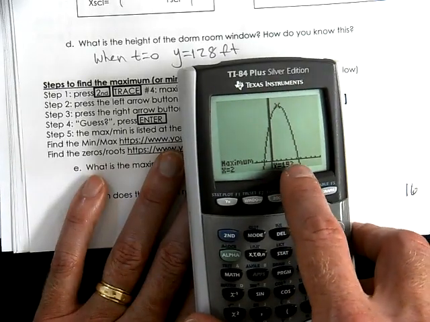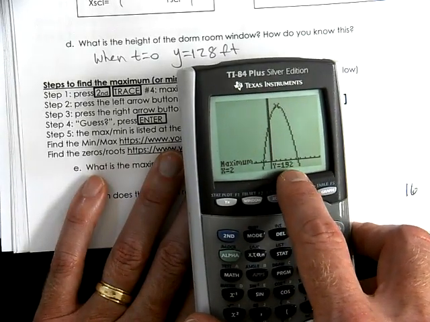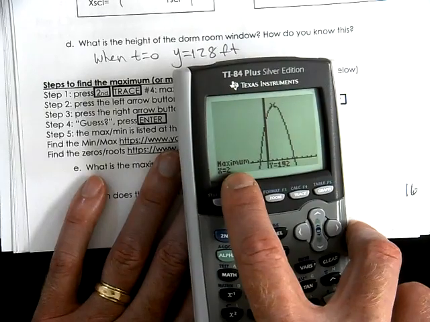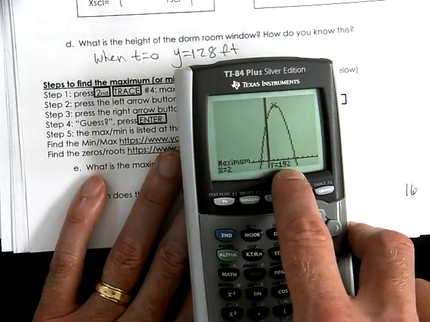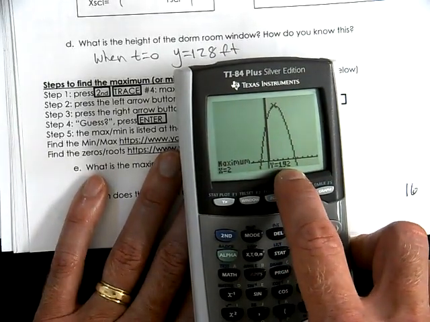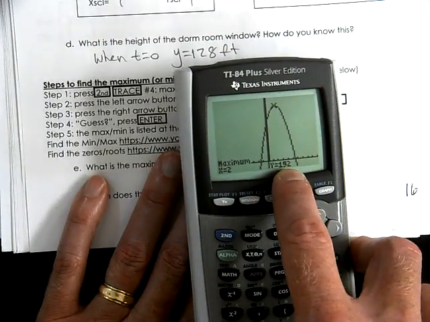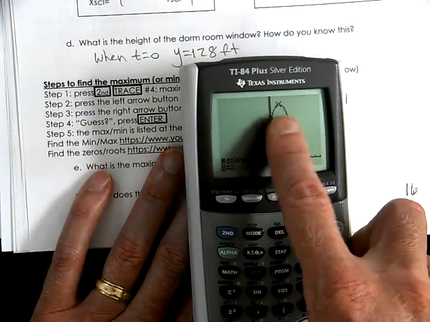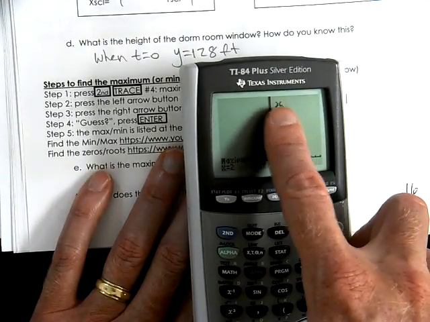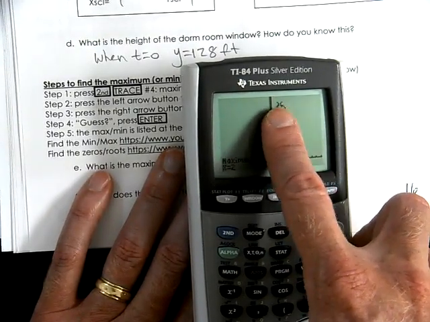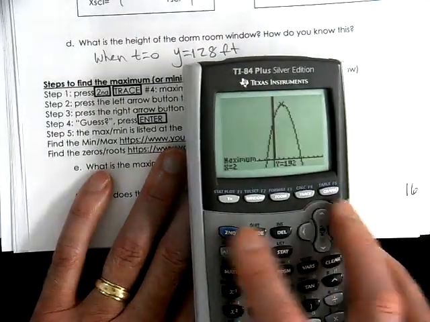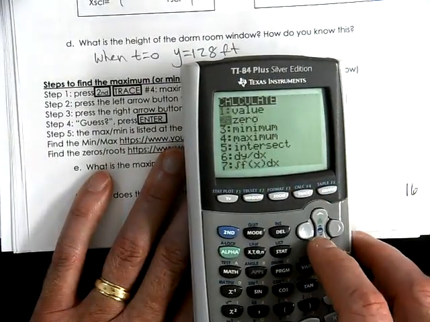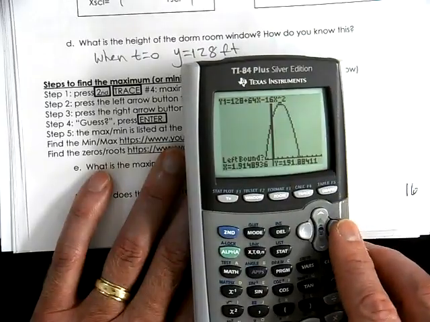Remember, you asked for the maximum value. You did not talk about what you were doing for x. You asked for the y answer, so it gave you the real y answer. And then for my explanation, as it goes back and forth trying to identify where the maximum is, it gets to an amount, and it says that's close enough. I bet I'll get a different one if I do it again. Maximum.